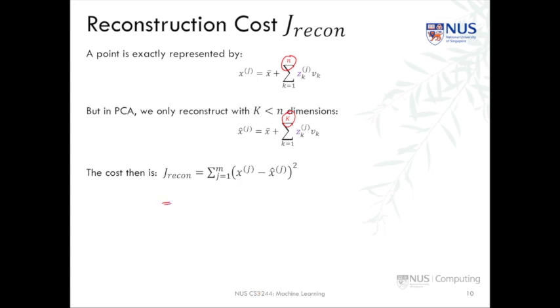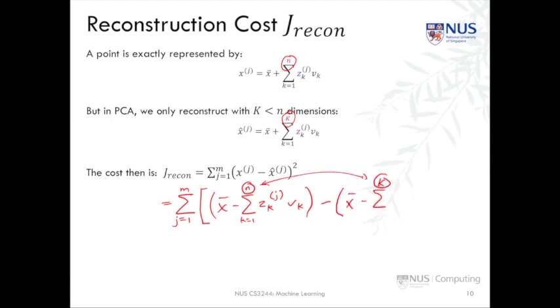First, we're going to go through all of the data points, 1 through m, and put the actual value of the point, which we can get by using all n components, minus its reconstruction by using only the first k.